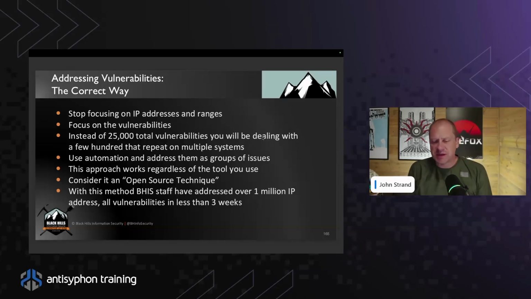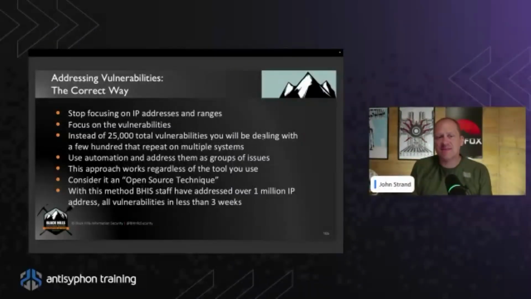At Black Hills Information Security, we have a customer over in Asia, and they're easily one of our largest customers. They have this external network attack space that is huge. It's over 1 million IP addresses. That's not possible IP addresses. That's 1 million live IP addresses that are doing things.